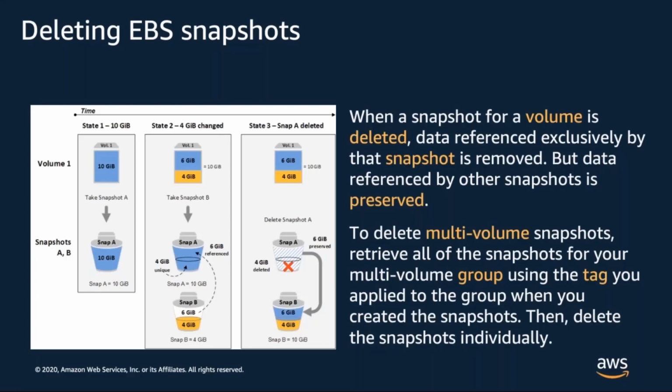Deleting a volume has no effect on the snapshots already created from it. If you make periodic snapshots of a volume, as we discussed earlier, the snapshots are incremental. This means only the blocks on the device that have changed after your previous snapshot are saved in the new snapshot.